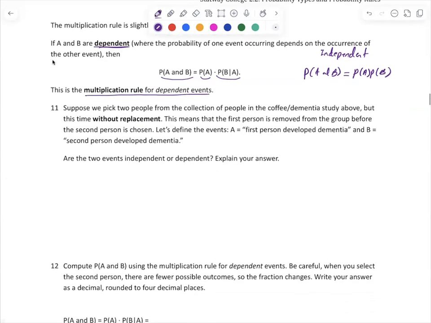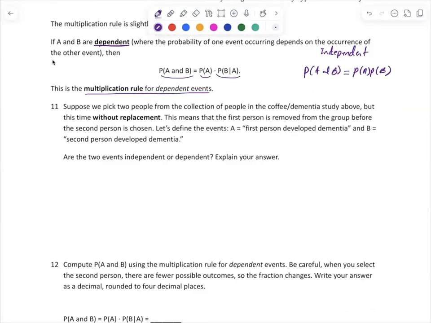Suppose we pick 2 people from the collection of people in the coffee dementia study above, but this time without replacement. This means that the first person is removed from the study before the second person is selected. So if in the first case we have 1,409, when we remove the person, the total number is reduced to 1,408.